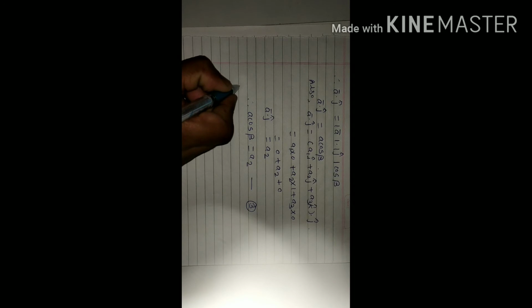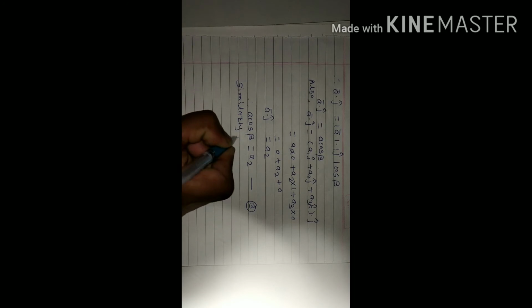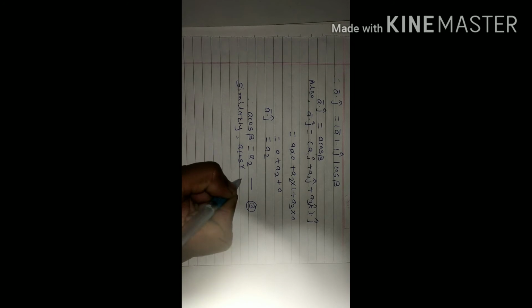Similarly, we take A cos gamma is equal to A3, and we give this equation number 4.